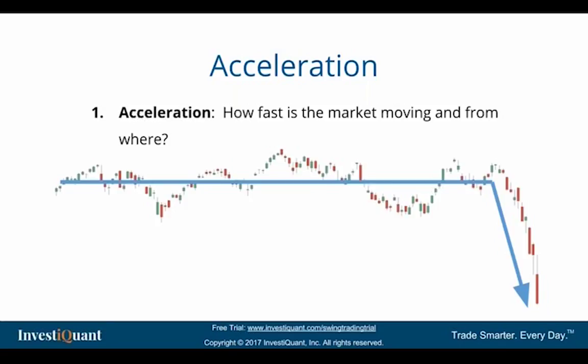We got a sharp move down after a long run up. Or if you've got a sharp move down after a long run down, or if it's a weaker move, or if it's a move up that's very sharp or not very sharp. So that's what acceleration's measuring. How fast is the market moving? And where's the move originating? Okay?